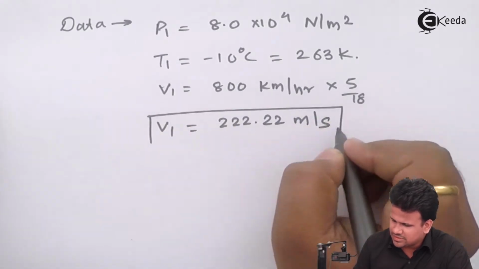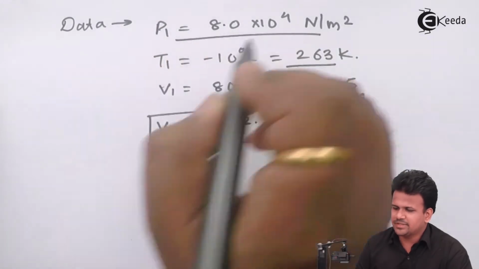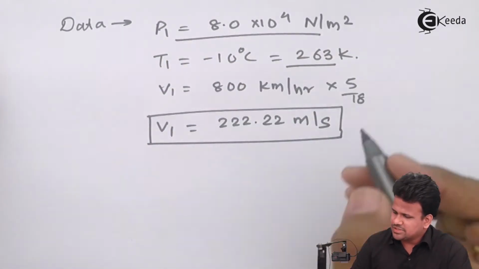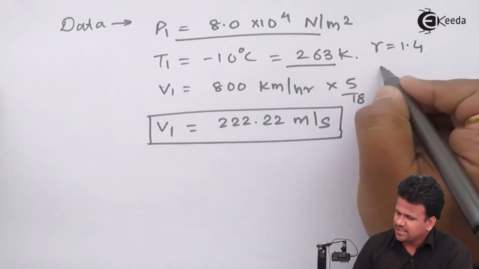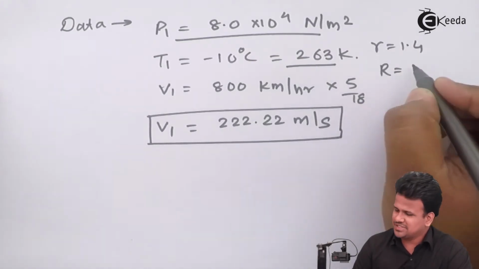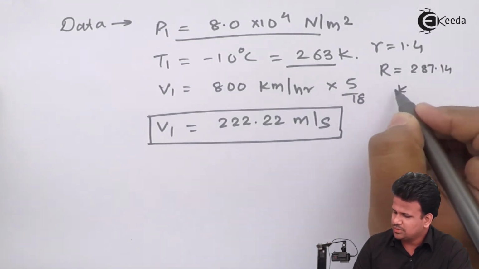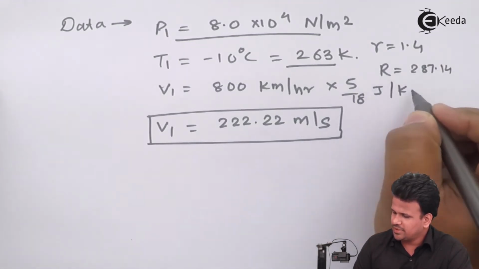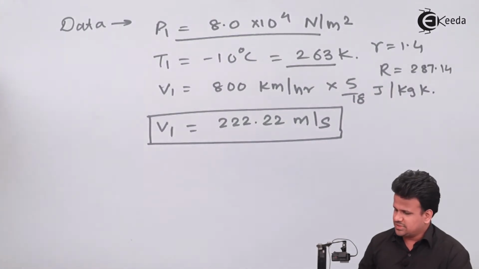That will be the velocity in meters per second. The other constants given are gamma, that is 1.4, and the universal gas constant 287.14 joule per kg Kelvin.